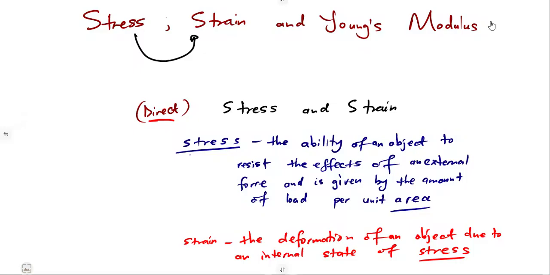So, as we had in the previous class, we managed to look into the stress and strain, under a direct strain, a direct stress that we had. And I said it is going to be important that we continue by working on the shear stress.